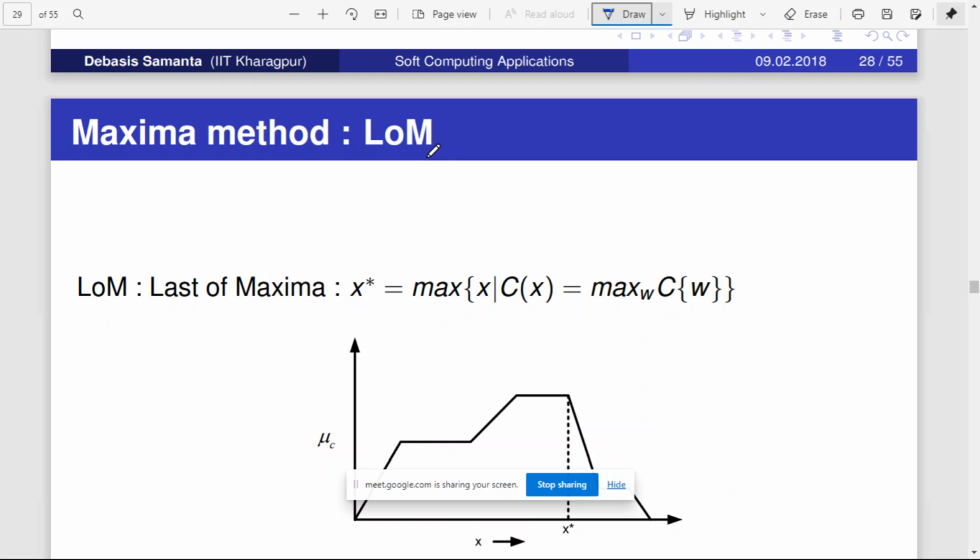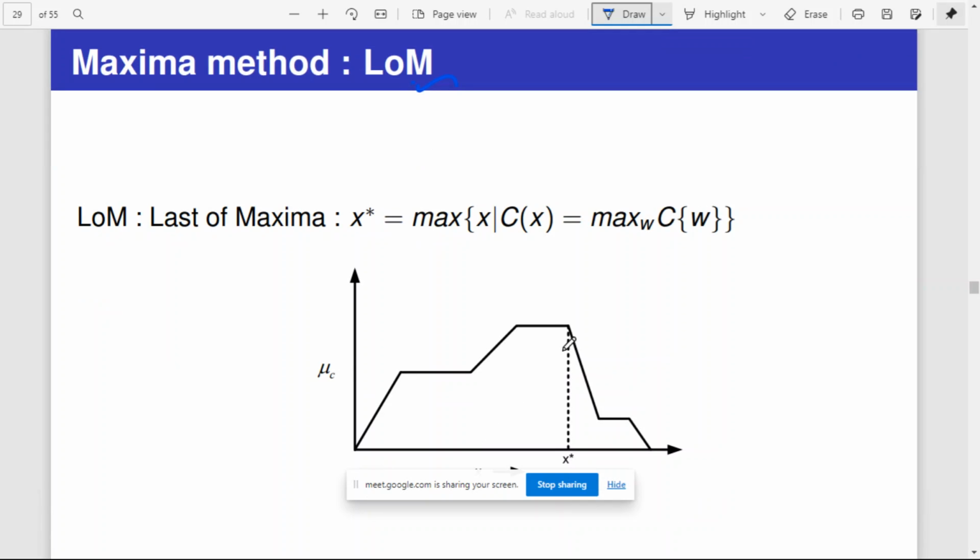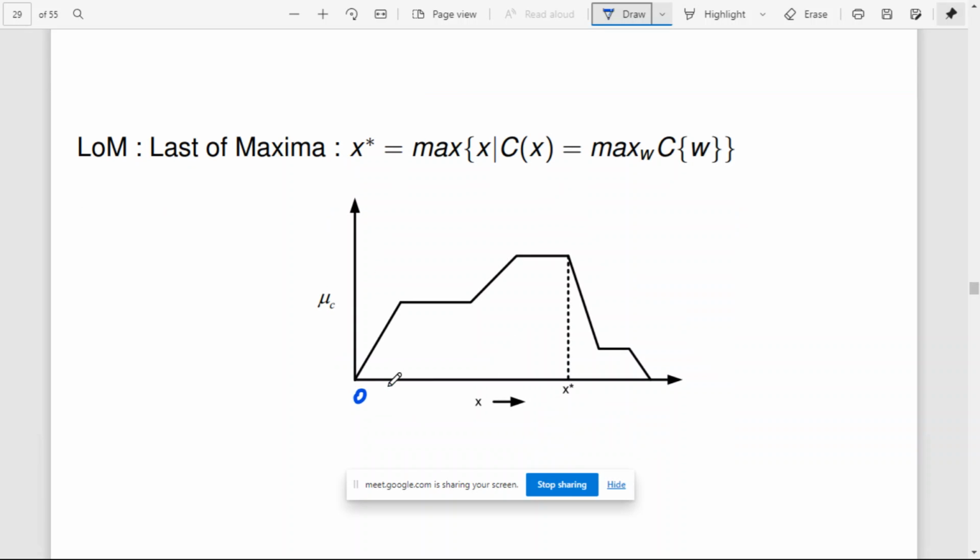The next method is called LOM, last of maxima. It is quite opposite to that. If more than one value of x produces the highest membership value, then out of all those x's you pick the last x value. Say for example here again, if you number the x 0, 1, 2, 3, 4, 5, this may be 6 and this may be 8.